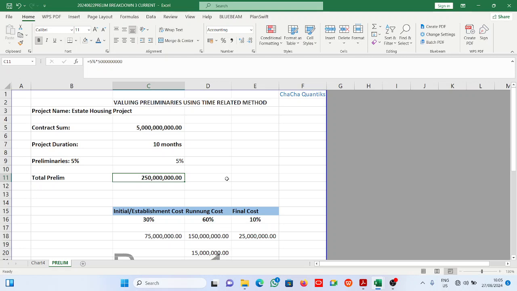The consultant also needs one, the contractor needs one, and the contractor will have to mobilize to site, bringing in his plants and machineries that he will be using to carry out the works. If there are site vehicles also, site vehicles are preliminary items, insurance for the works, transportation on and off site for workers, project signboard, bringing of scaffolding to site, and a few other things are preliminary items.